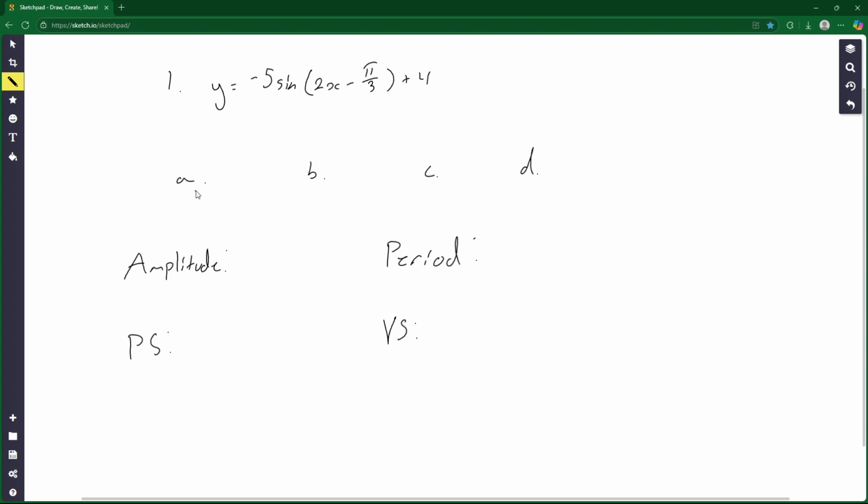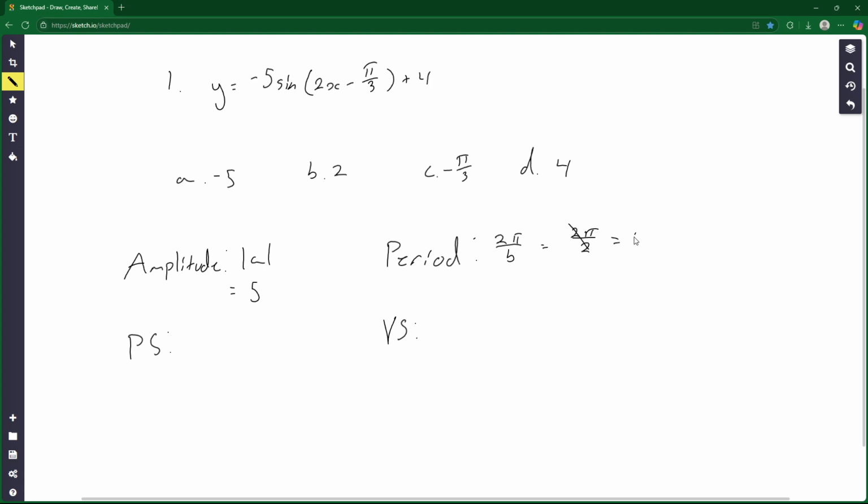So first, our a is going to be -5, b is equal to 2, c is equal to -pi over 3, and then d is equal to 4. Our amplitude is just the absolute value of a, so that is going to equal 5. Our period is going to be 2 pi over b, so that is going to equal 2 pi over 2.